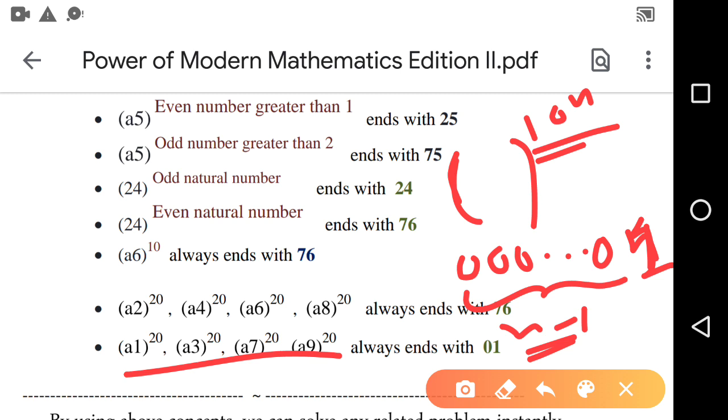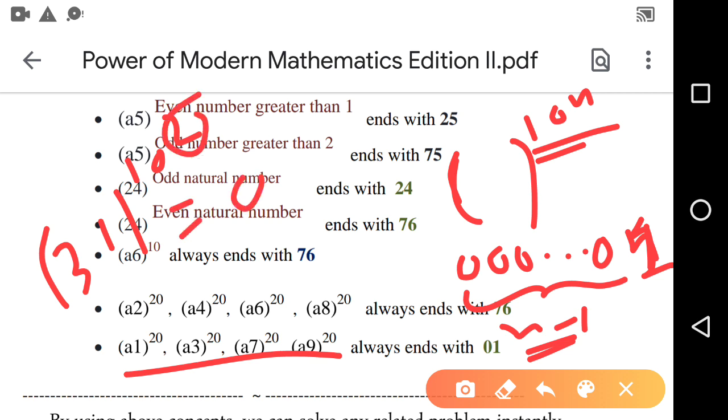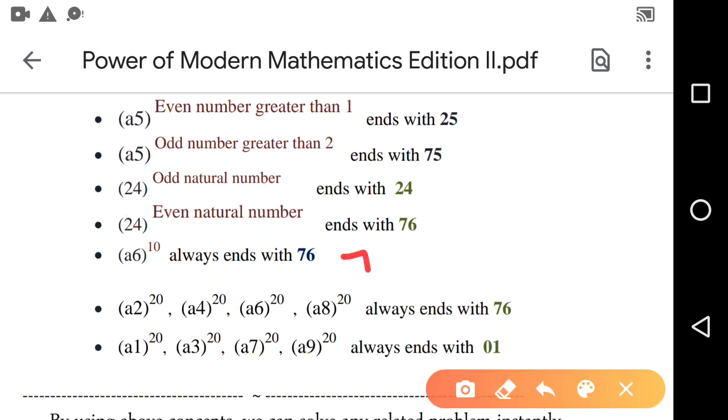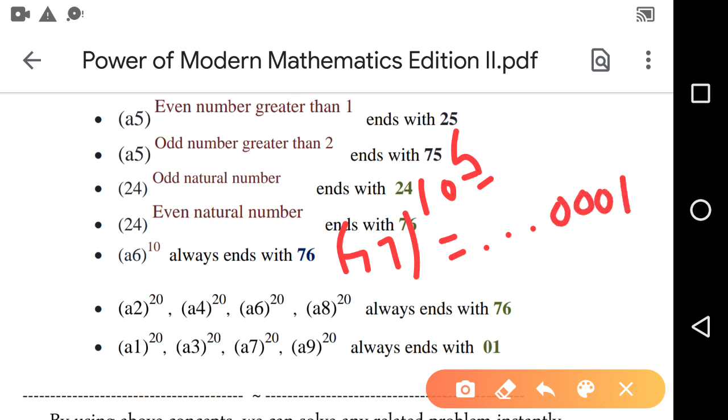Example: 31 raised to 10 raised to 2 ends with 01, and 77 raised to 10 raised to 4 ends with 0001. And why does it end with 0001?